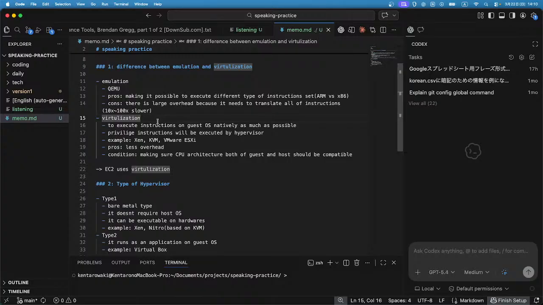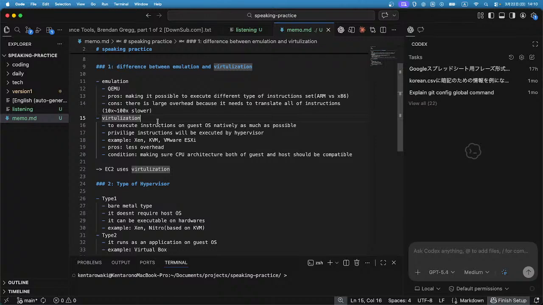x86. ARM is used in smartphones or the latest Mac OS, and x86 is used everywhere, I think.